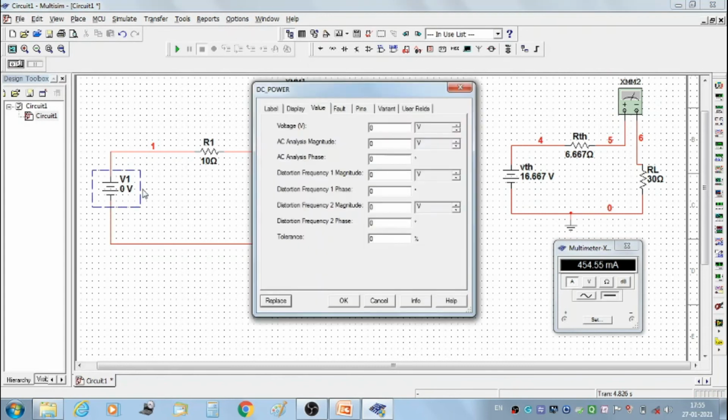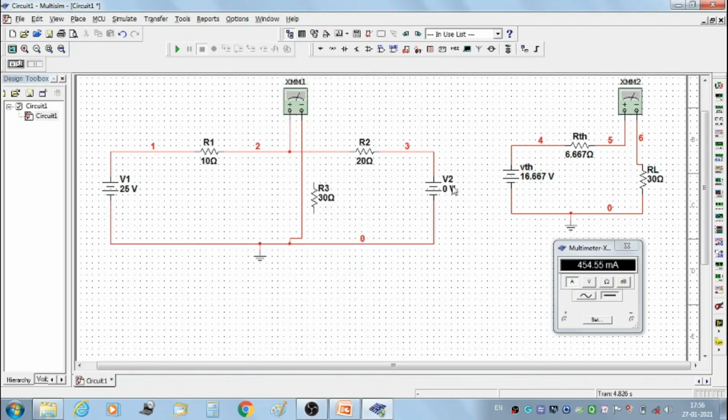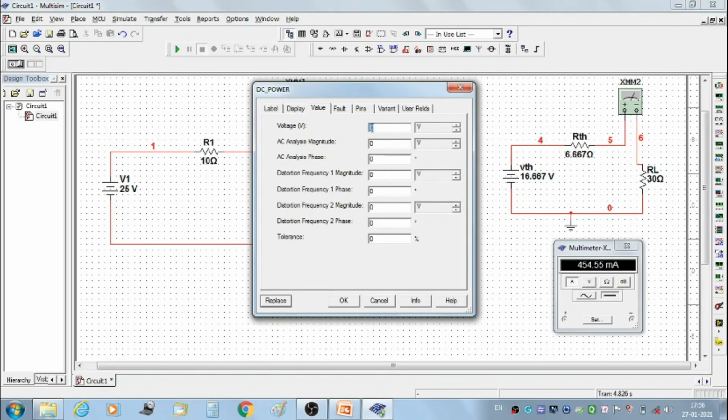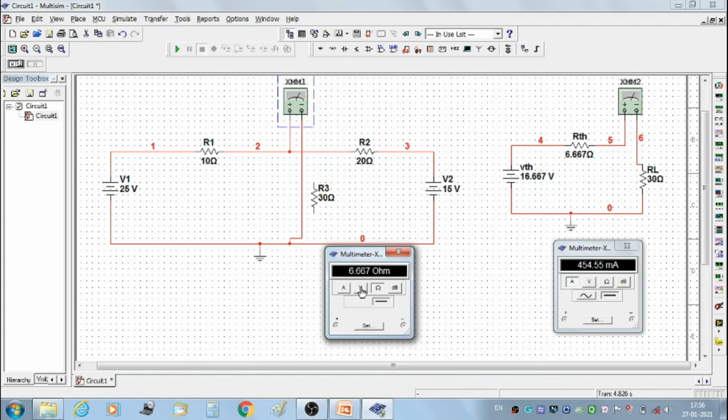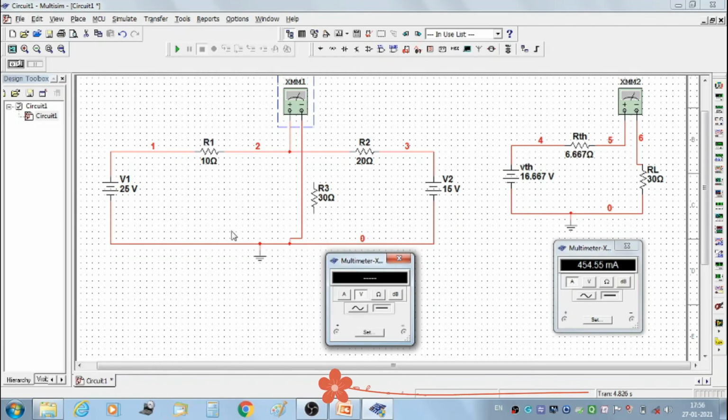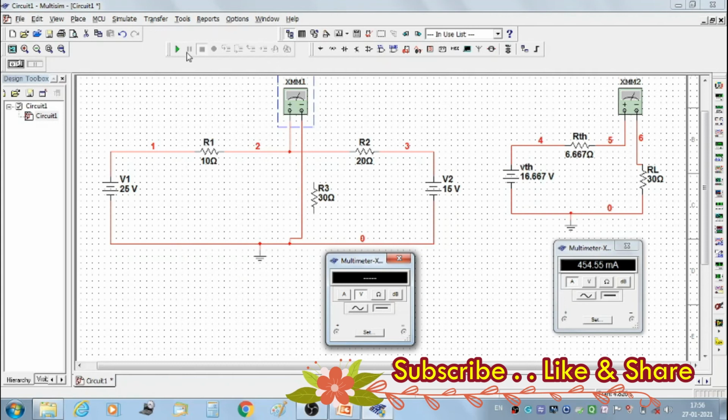In our actual circuit of Thevenin's equivalent, set V1 at 25 volt and V2 at 15 volt. Then set the voltmeter at DC voltage range and measure the Thevenin's equivalent voltage between resistor R1 and R2 and ground.